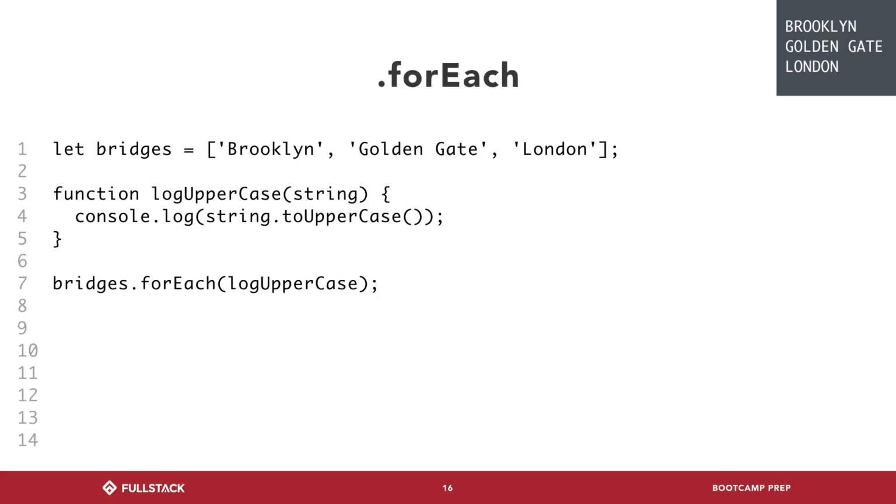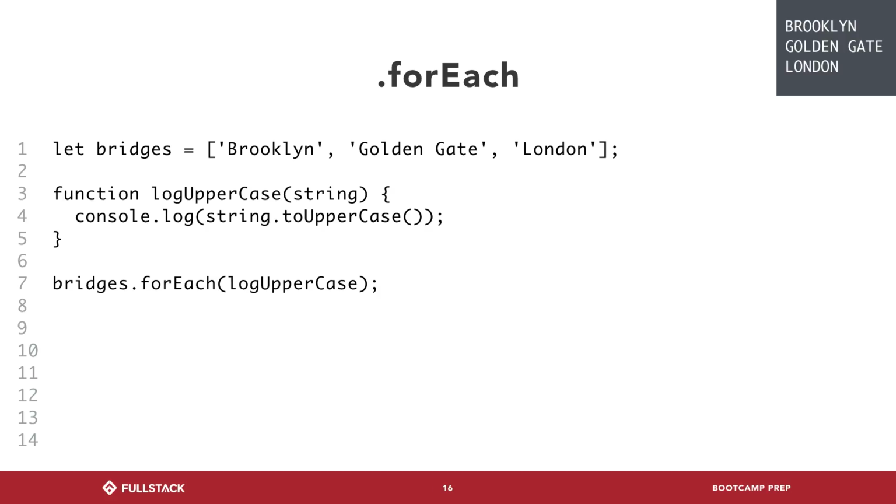A very common pattern you'll see, especially with arrays, is that I have an array of things and I want to execute a function on every single thing in this array. In that case, we can mimic this easily by looping through the array and, for each element, calling a function on it. But because it is such a common pattern, JavaScript built a forEach function into all arrays.